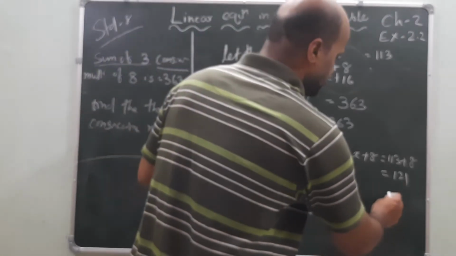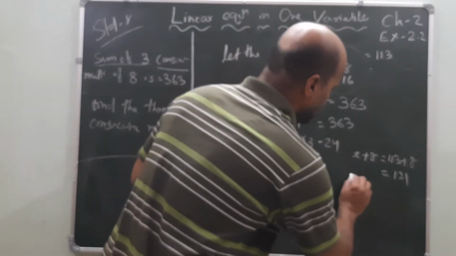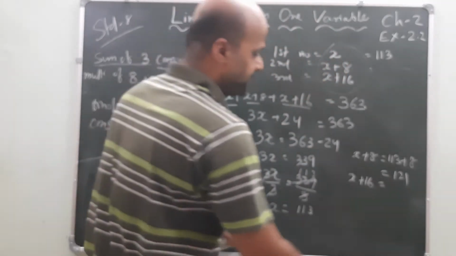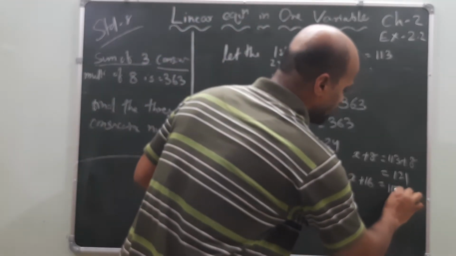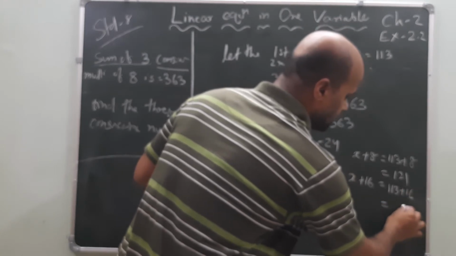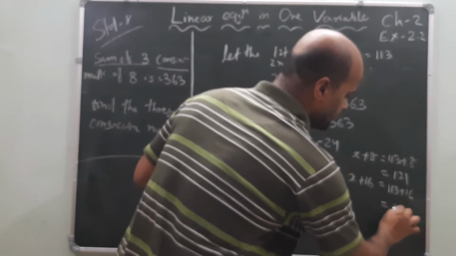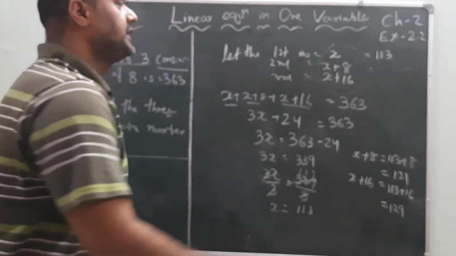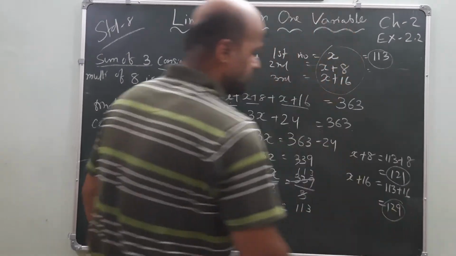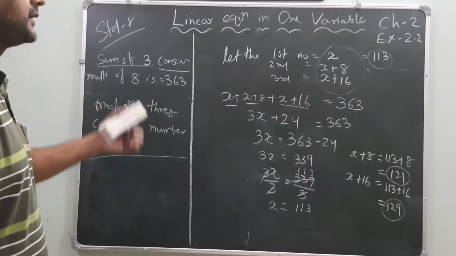Now the next one, tell me, x plus 16. How much will it be? That is, x value is 113 plus 16. How much? 129. So these are the three consecutive multiples of 8.